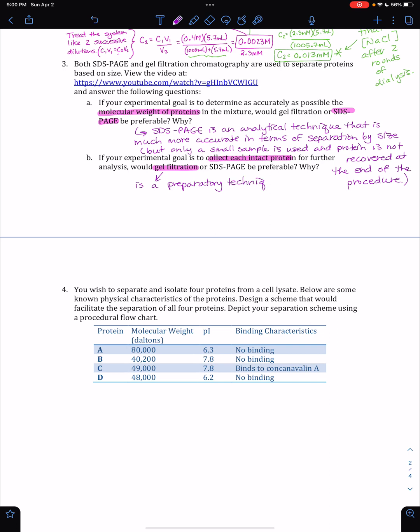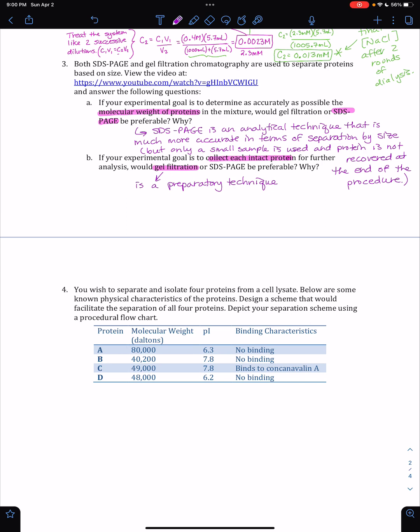which means that if your goal is to get a lot of material that has been purified and be able to use that for something else afterwards, that's what we mean by a preparation technique.